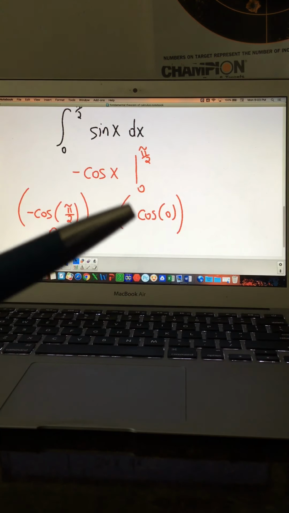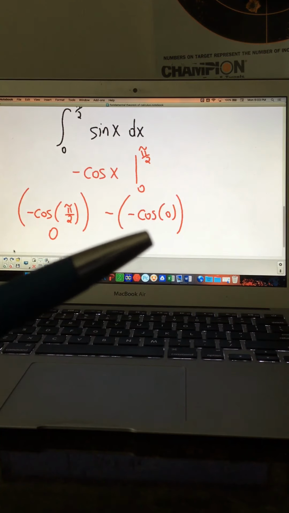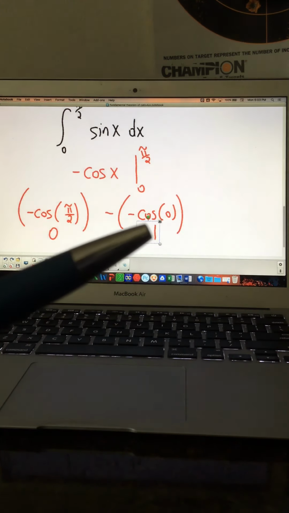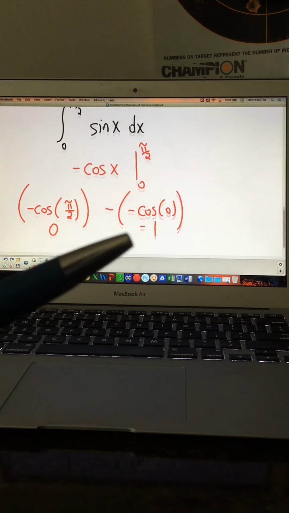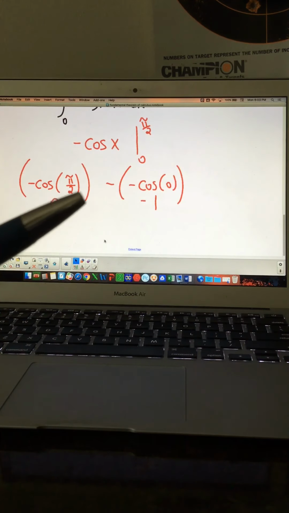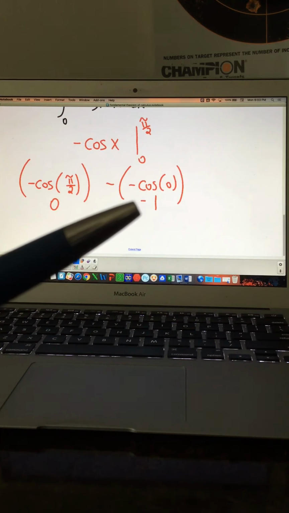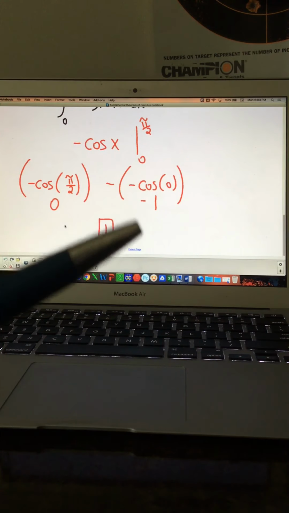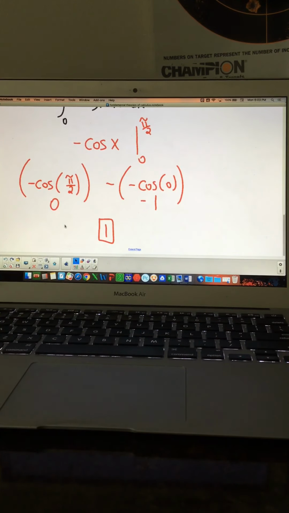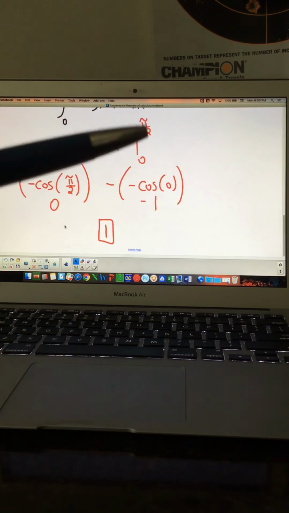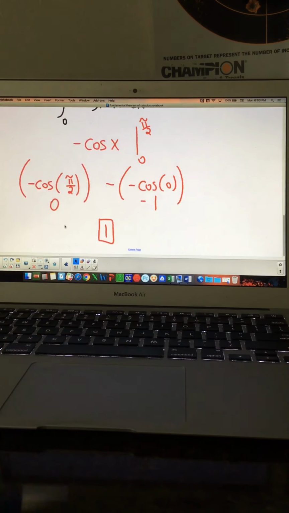Minus cosine of 0 is 1. But with the negative in front, it makes it a negative 1. So then when we fully simplify, 0 minus a negative 1 really turns into adding positive 1. So the area under the curve on this boundary is 1.